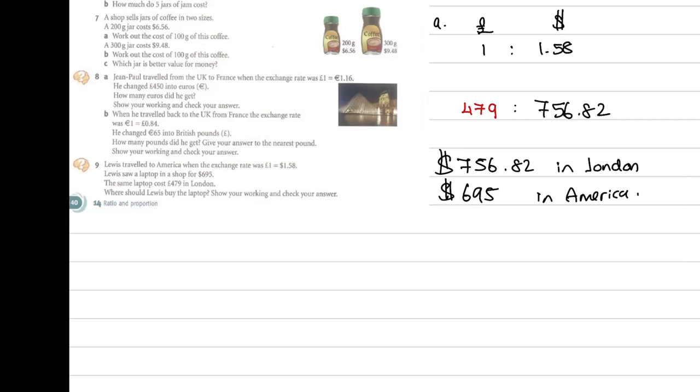If you think about it, wouldn't the America one be cheaper? Buy from America.